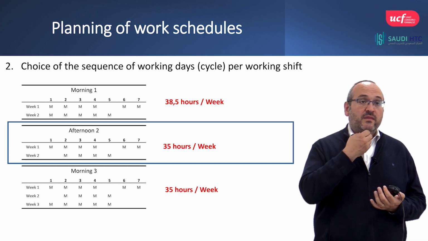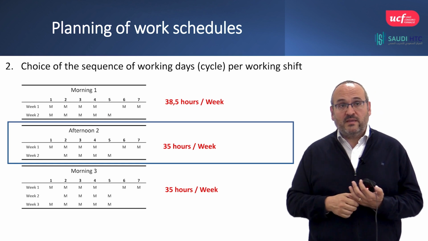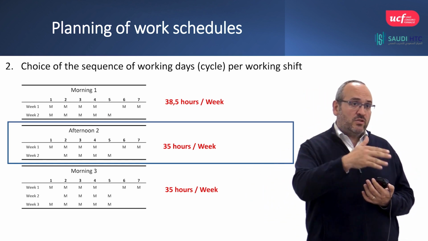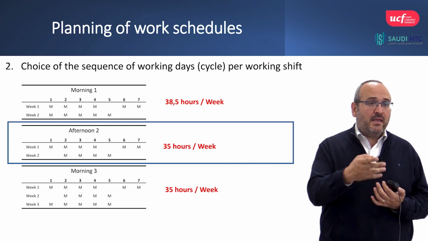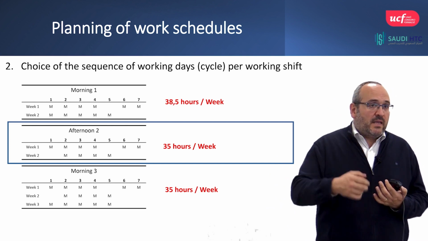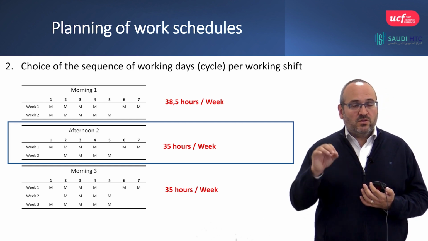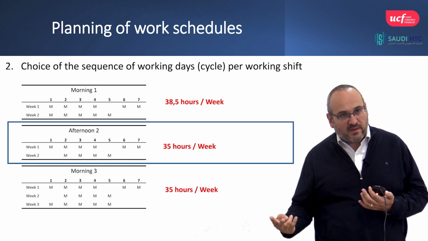That makes the weekly hours, as you see, 38.5 hours, and the following week, 35 hours per week, which ideally a professional would have to work. We are talking about those 35 hours. That would be a good shift option.